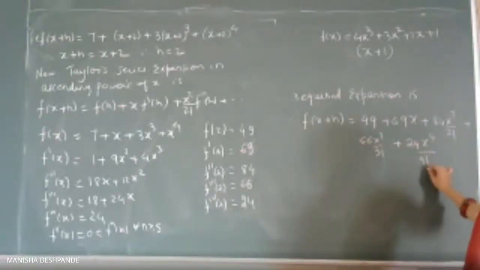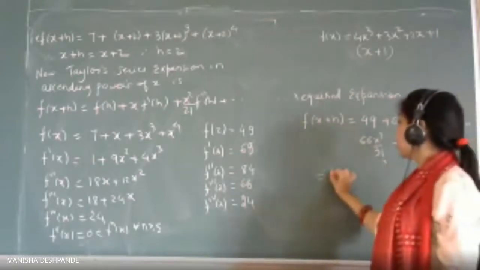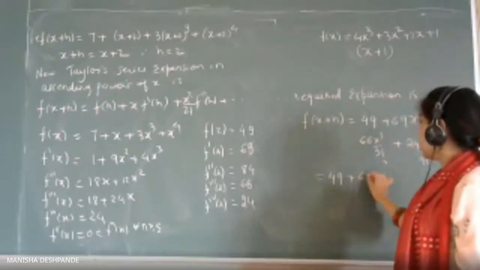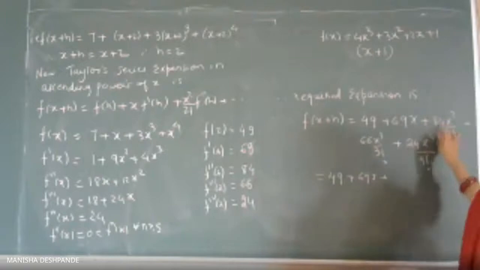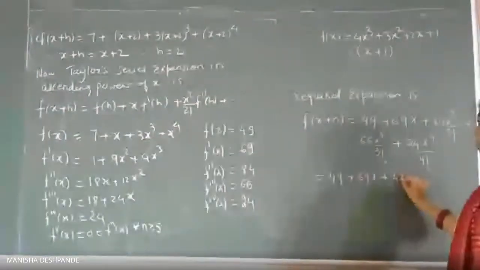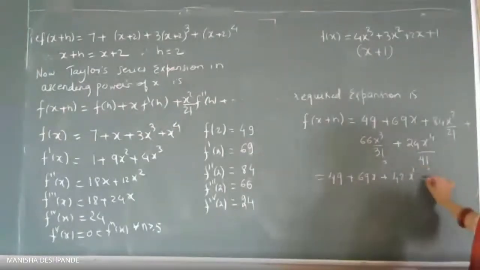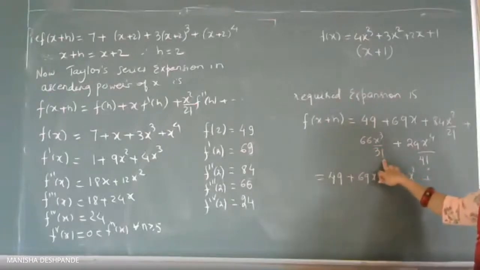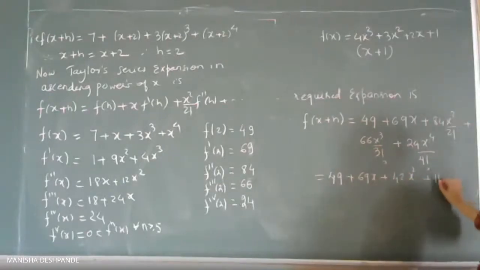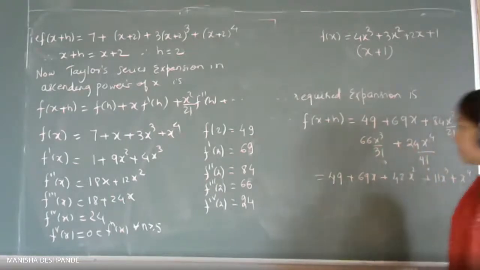So your answer is 49 plus 69x plus 84 divided by 2 is 42 x square plus 66 divided by 6, since 3 factorial is 6, so 11x cube plus x raised to 4. 4 factorial is 24, so 24 cancels, and therefore we get the answer.